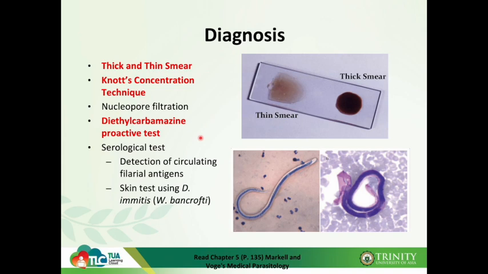When that happens, it would be easier for you to detect them. Kasi kapag hindi ka sumusunod sa kanyang periodicity at nag-collect ka ng blood, you might have a false negative result. Kaya tayo magda-diethylcarbamazine provocative test. Bibigyan natin siya ng drug para lumabas muna sila lahat sa circulation and then we get the blood.